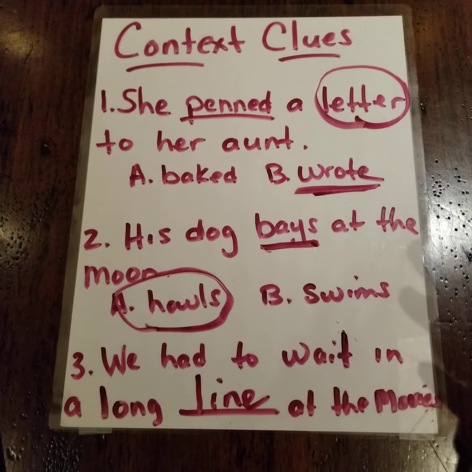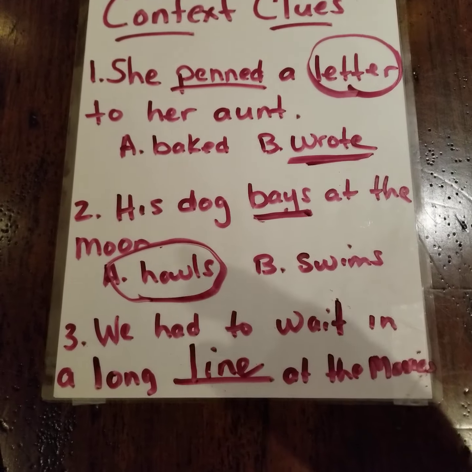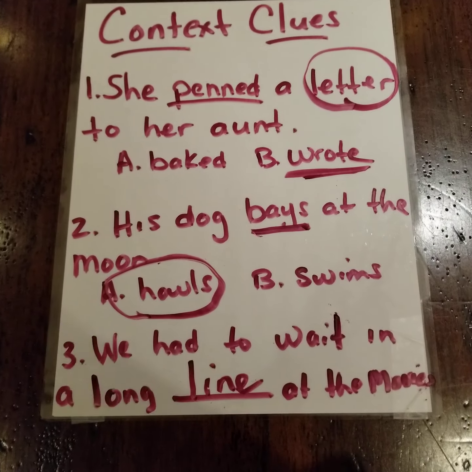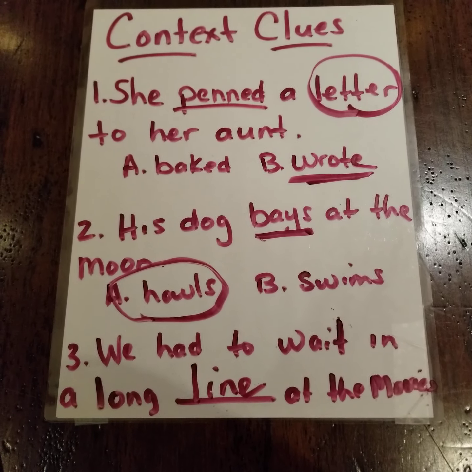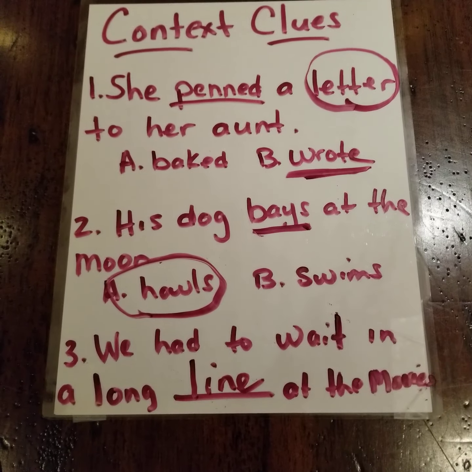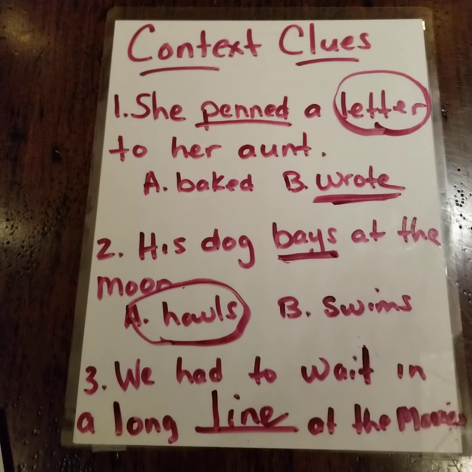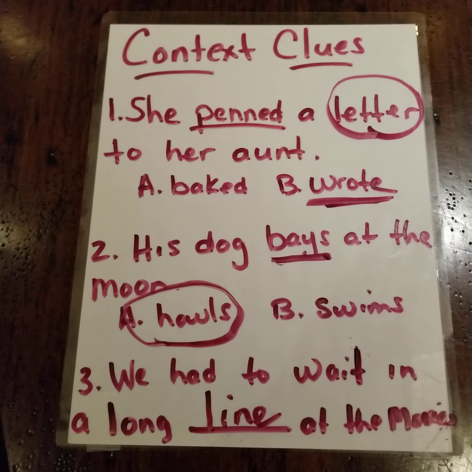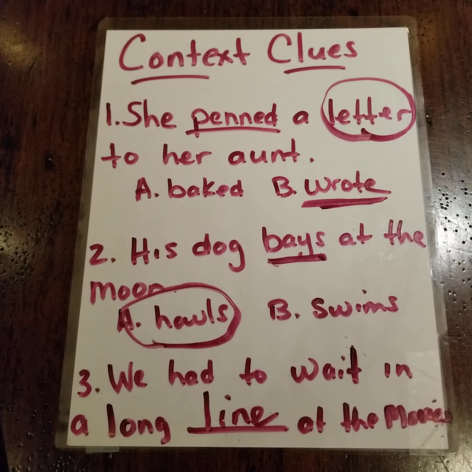So it means she wrote. And if we had to wait in a long blank, we used our experience of waiting in long lines ourselves to understand that we were waiting in a long line. So that's all a context clue is, words that help you understand what an unknown word might mean.